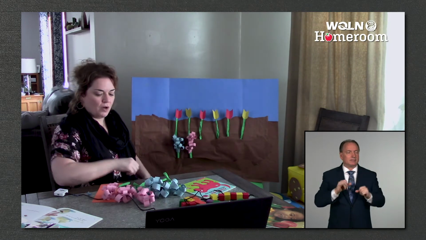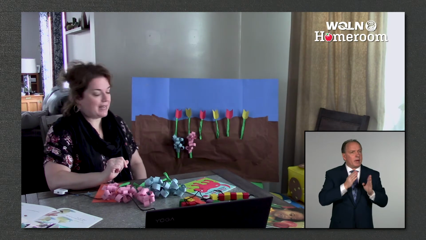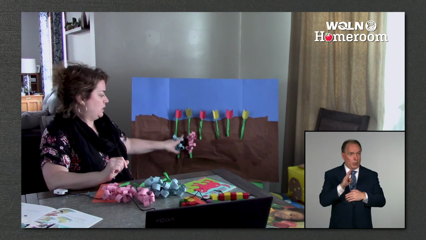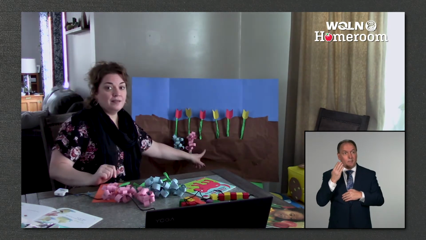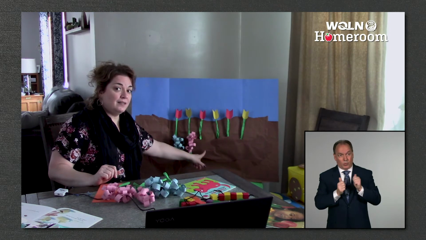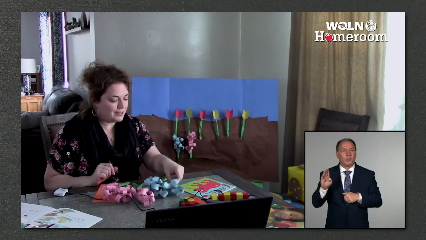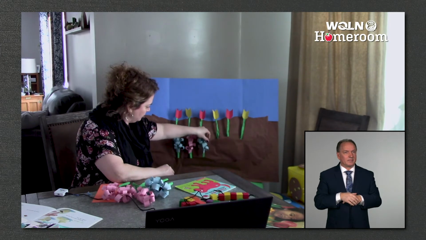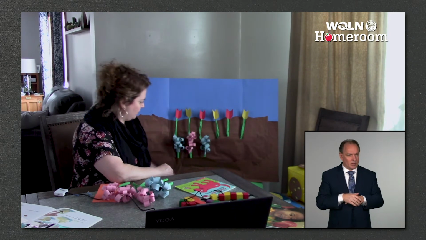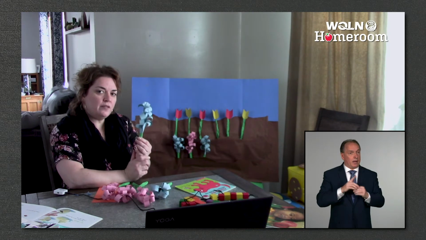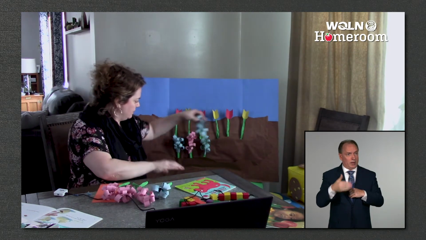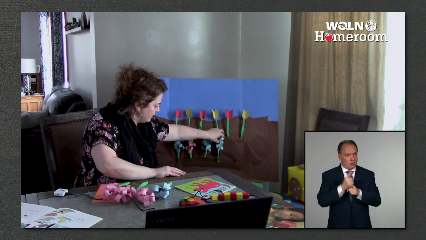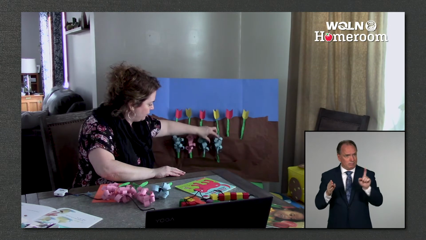Perfect. Okay, let's think about our pattern. Ready? Blue, pink. We start again with color blue. Good job. If I put another blue flower next to that, does that look like the same repeated pattern over and over?